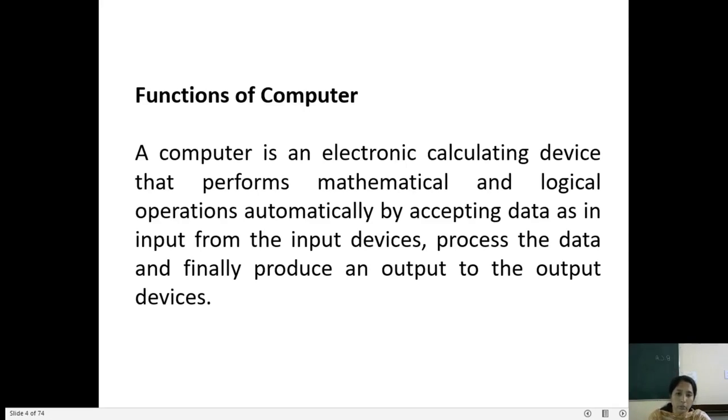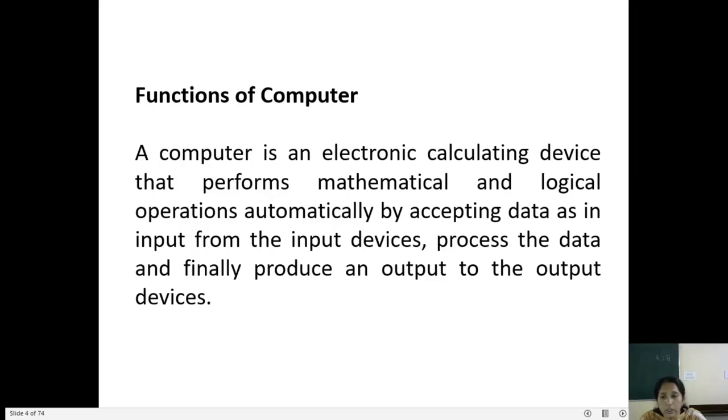Functions of computer. What is the main function of computer? As just now I told you, in the definition itself I told you, computer is an electronic device which accepts the data, processes the data and displays the result. That is the main functionality itself. Not only the definition, we can say it's the function.